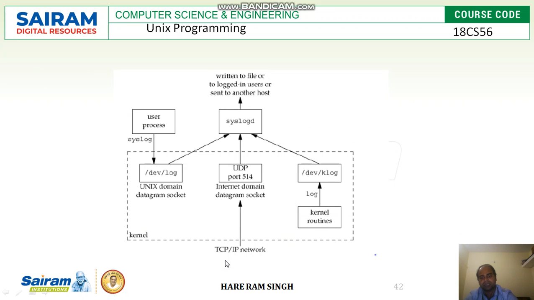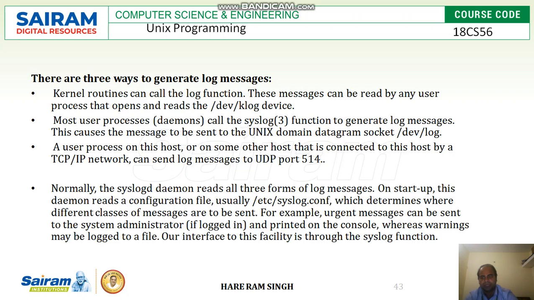You can see that any user process, whether staying in the same system or connected to the system remotely, can send the error message to UDP port 514. So there are three ways the error messages can be sent.